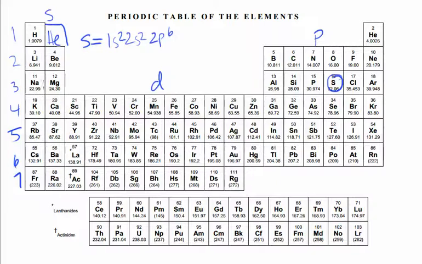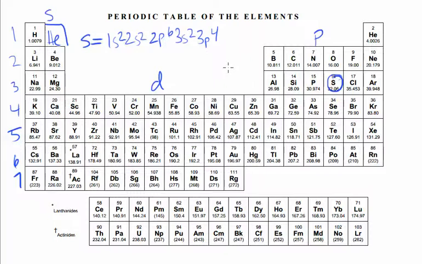Then we have 3s1, 3s2, and then once again, where you really have to be careful is where it is, because we just know it's going to be all the way to the end of these, and then we have 3p1, 2, 3, 3p4. So there's the electron configuration for sulfur.